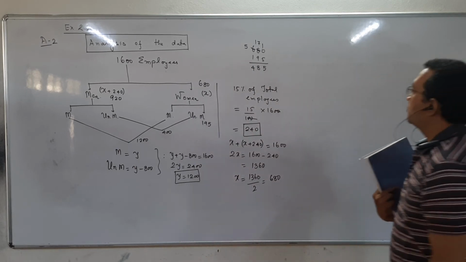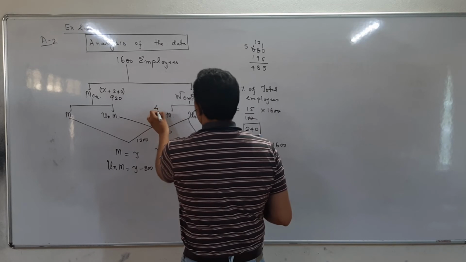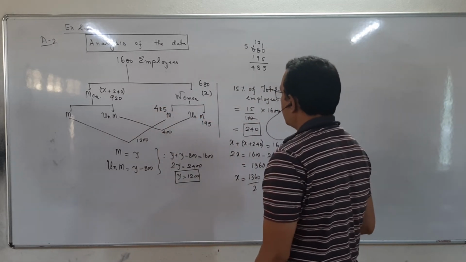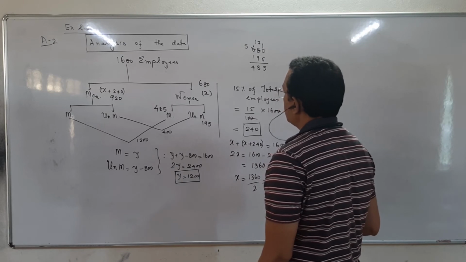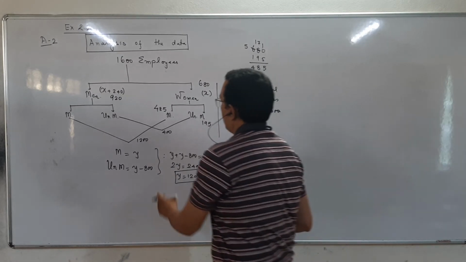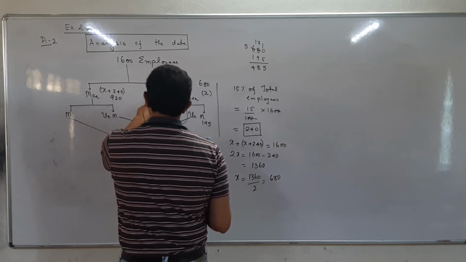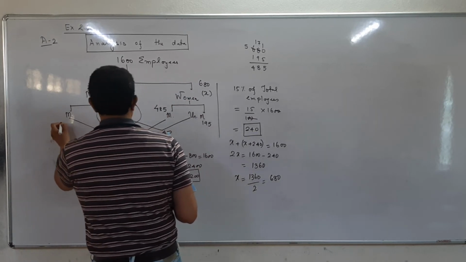So this will be 485. Married women. Total this 5 plus 5, 10, 8, and this will be 680.